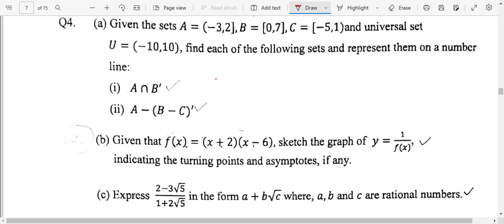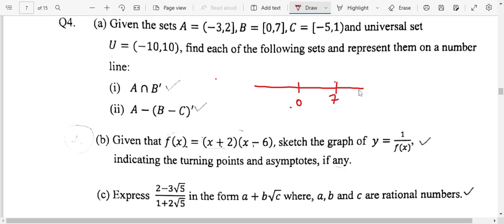So, as I've always been mentioning, when you have got things like this, the first thing that you're supposed to do, represent on the number line. You are working with it on the number line. You have got the B complement, so I'm going to get B starting from 0 up to 7.